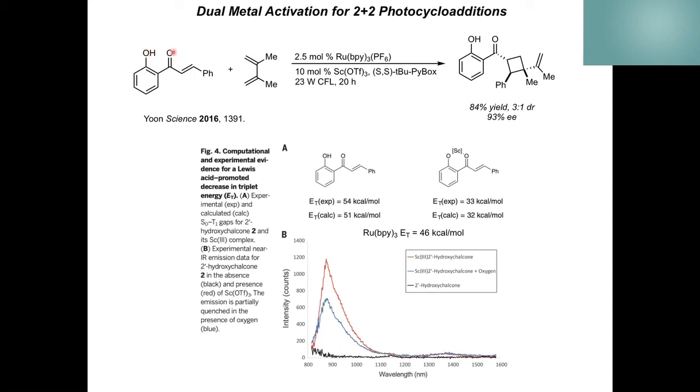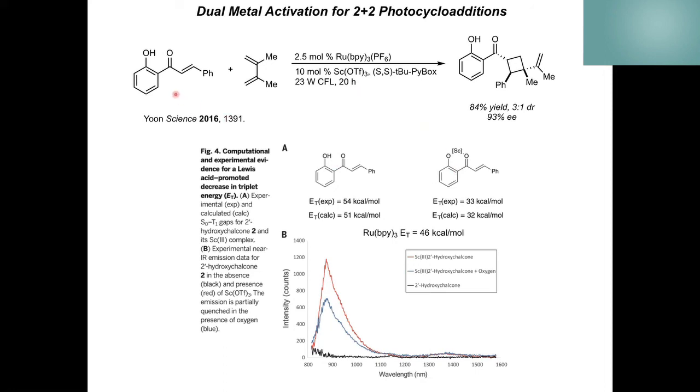This enables that bidentate chelation, and this is selectively engaged by scandium triflate, and that scandium triflate comes along with that chiral control element of these PyBox ligands. So again, really connecting back into what we saw previously with the copper bisoxazolines.